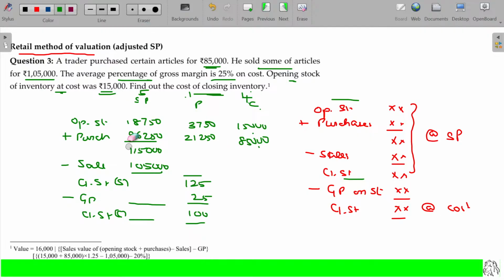This one is 106. Okay. Then it is 25,000. From there, 1,05,000 sales is subtracted, then closing stock being 20.